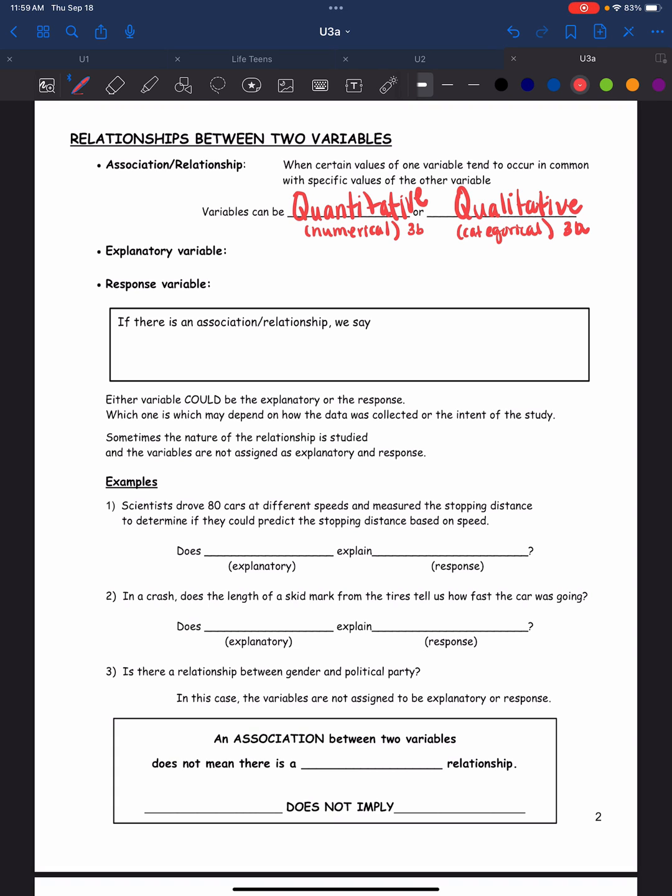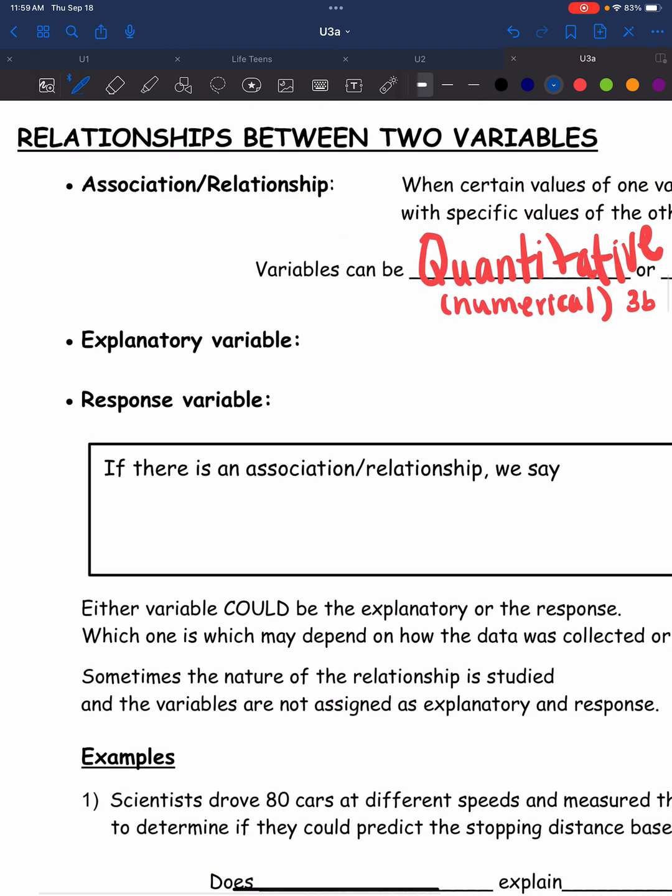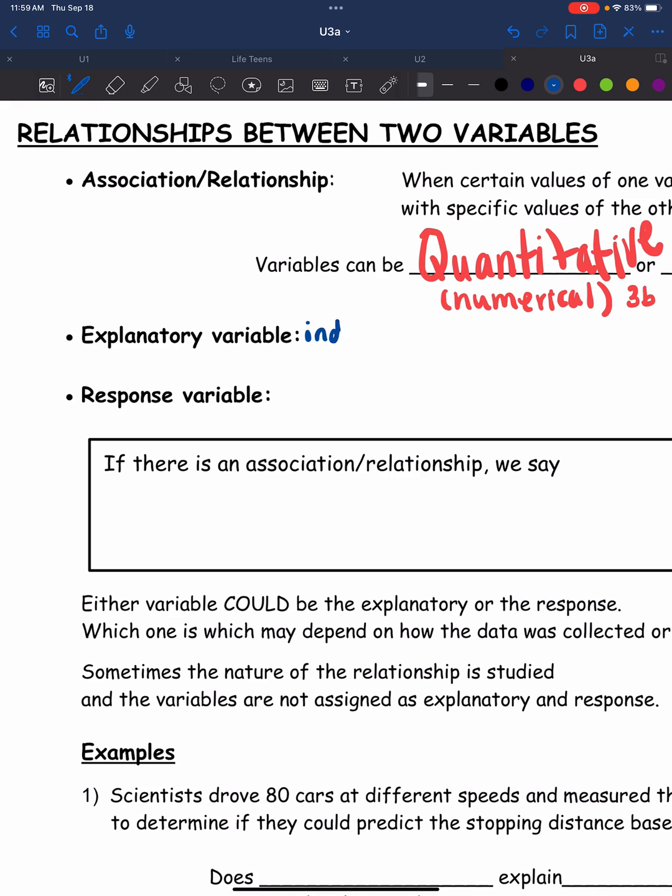All right. And whenever we're looking at variables and trying to see if, does weather type explain or predict where people eat dinner, one of those is going to be the explanatory variable. And we're going to say that that is the independent variable. And then the other one is going to be the response variable, and that's going to be our dependent variable.